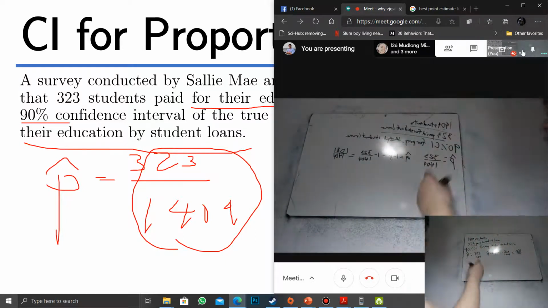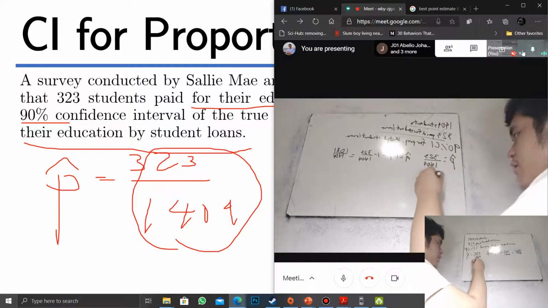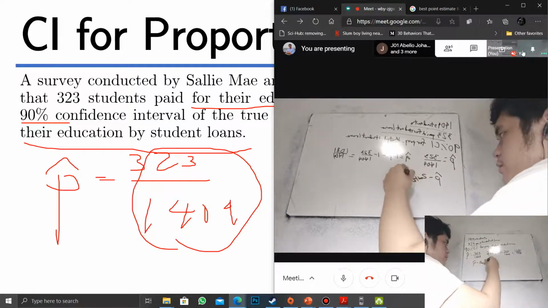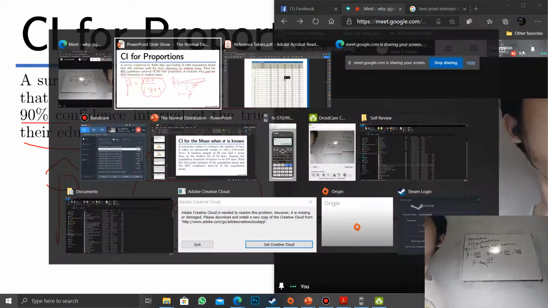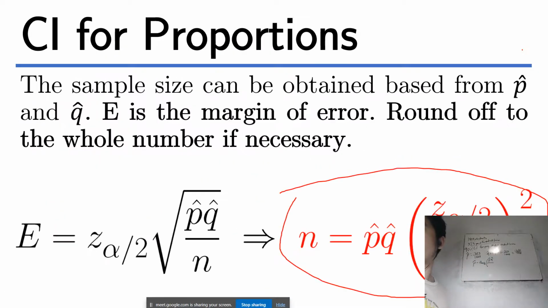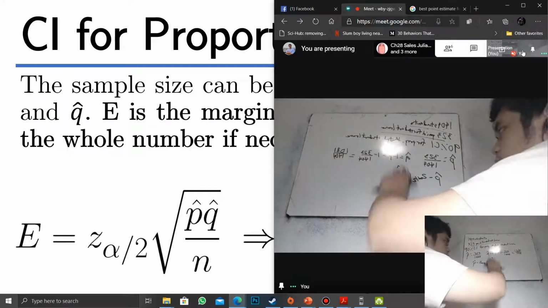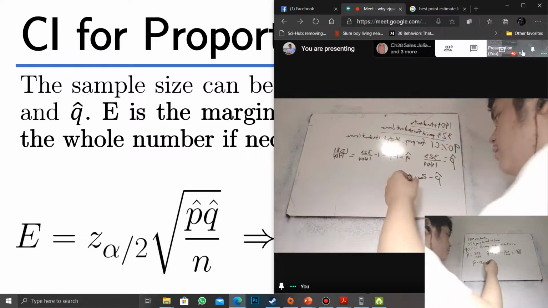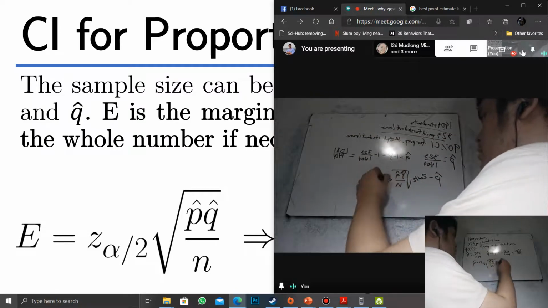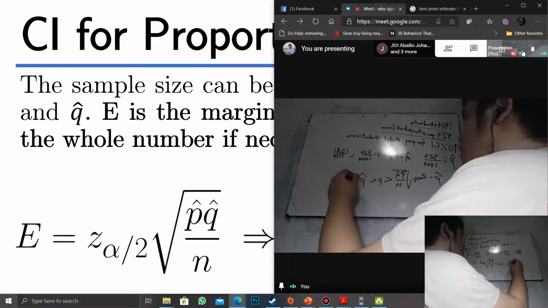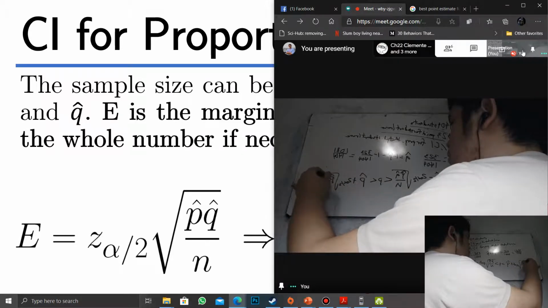Next. Let's use the formula p hat minus z alpha over 2 square root of p hat q hat over n, less than p is less than p hat plus z alpha over 2 square root of p hat q hat over n.